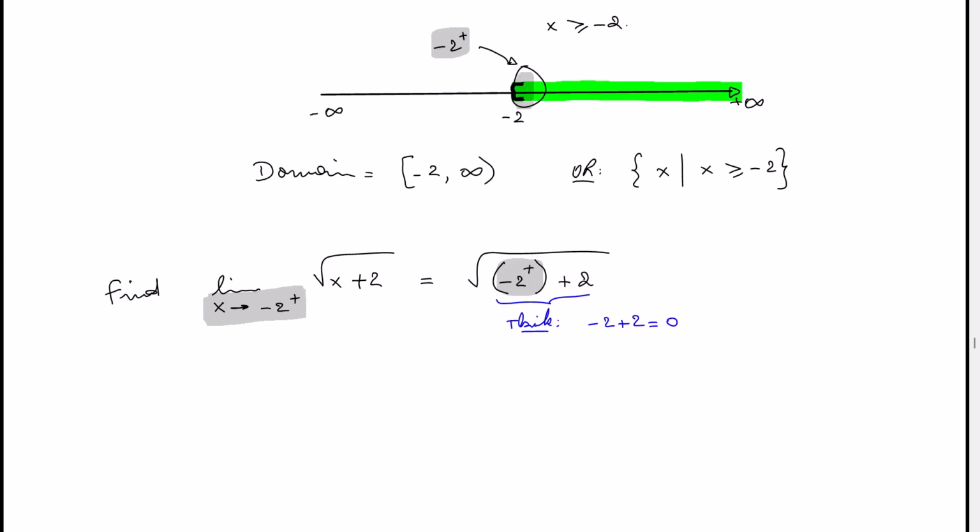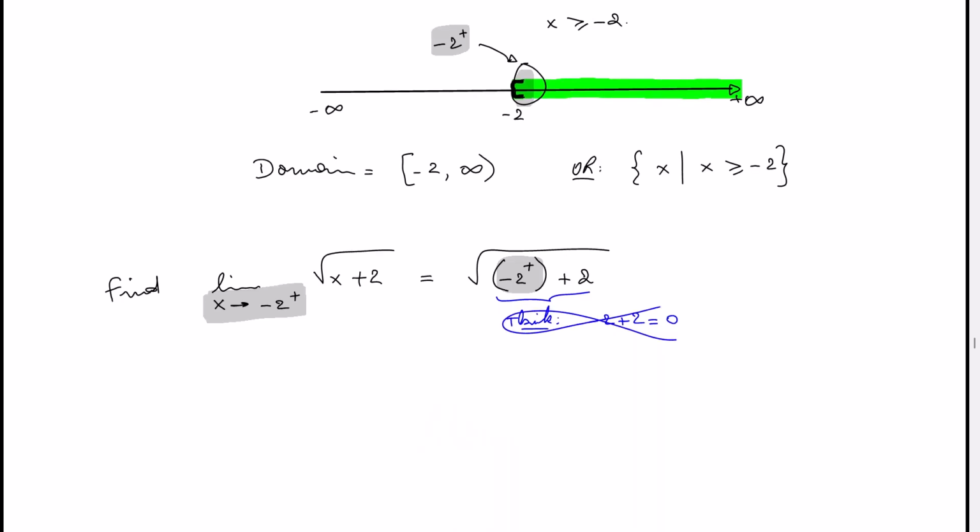And it's tricky when you get 0 because sometimes it matters if you're coming from the left or from the right. For example, if I'm putting square root of negative 0.0001, that's not real. But if I put square root of positive 0.0001, then that's a real answer. So in this case, I have to pause for a minute, and this think method does not work anymore.